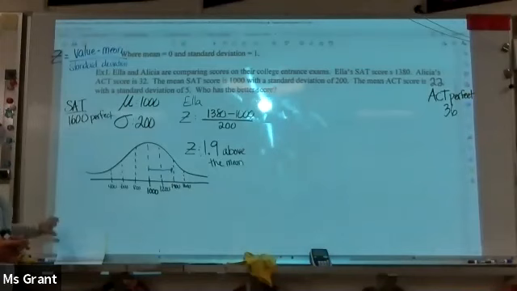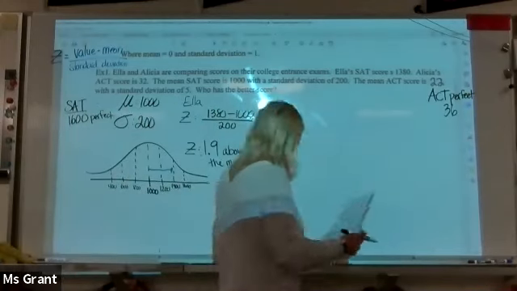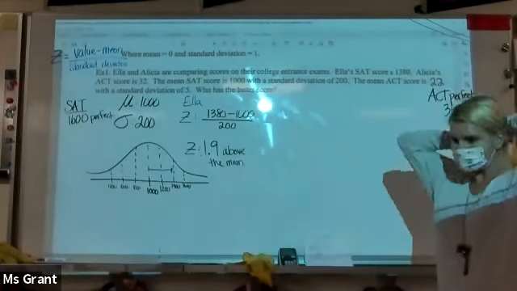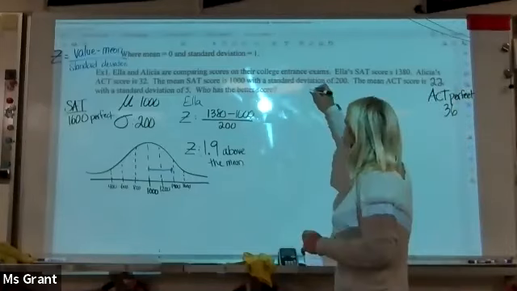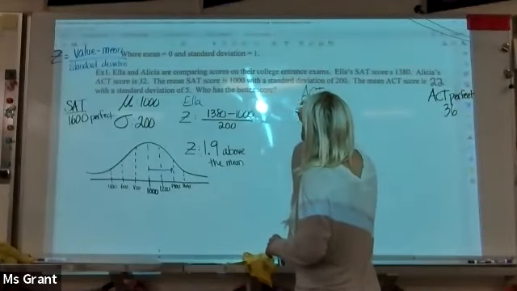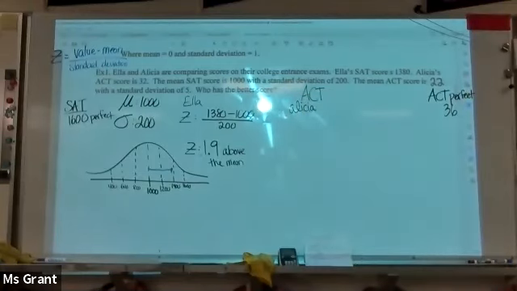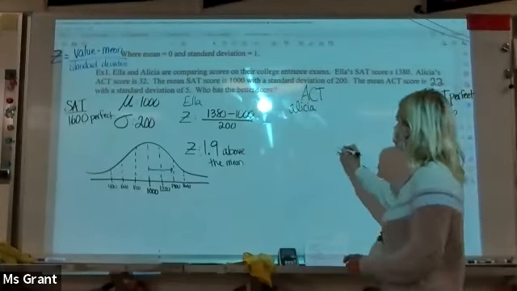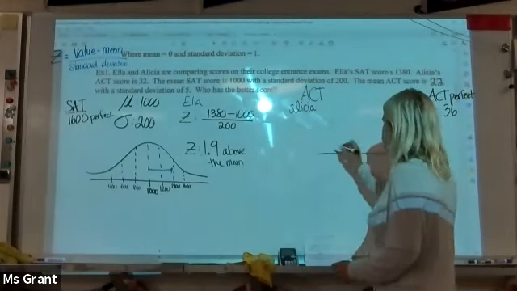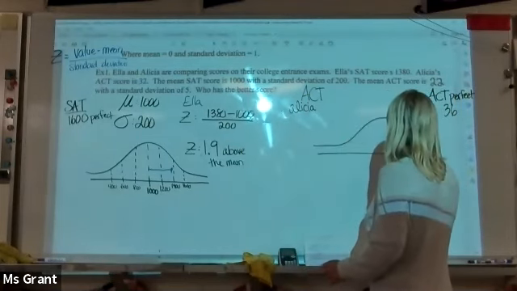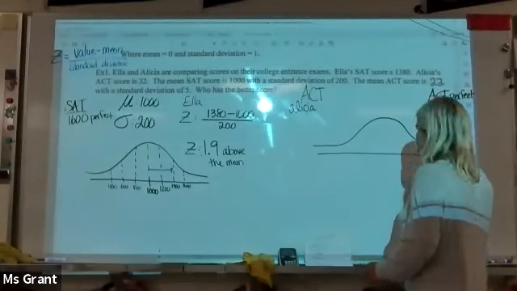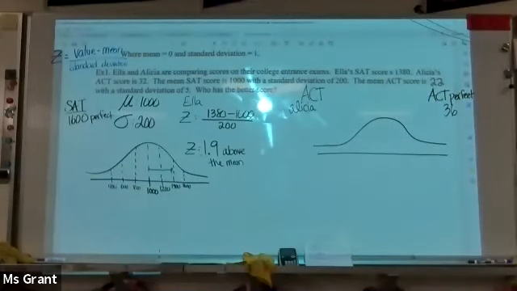Okay, so I practice using my formula. Ready? ACT. This is Alicia. Alicia's ACT score. Well, first of all, let's map out what the ACT looks like.